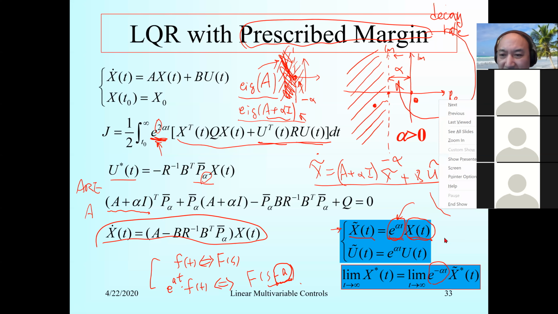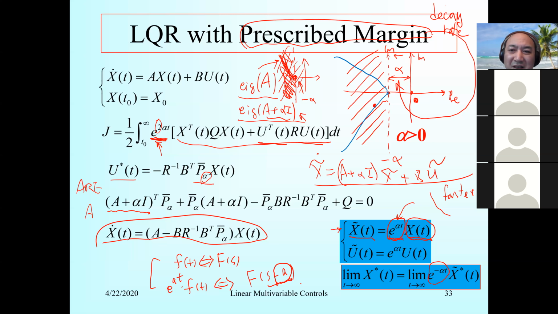People may say, hey, can we say I have a sector, here is distance alpha, here is my angle theta? Given alpha and theta, can you give me a prescribed region and still satisfy LQR?